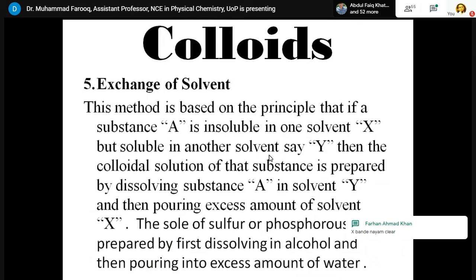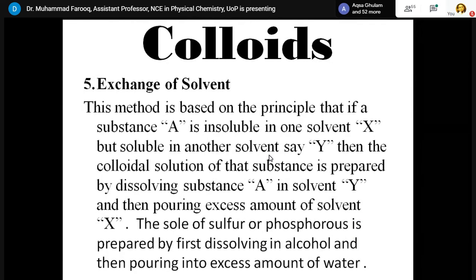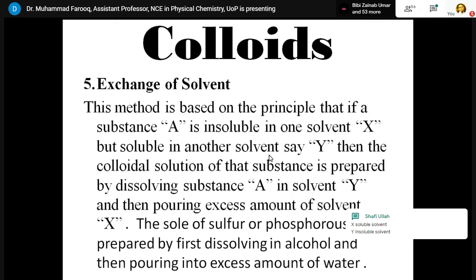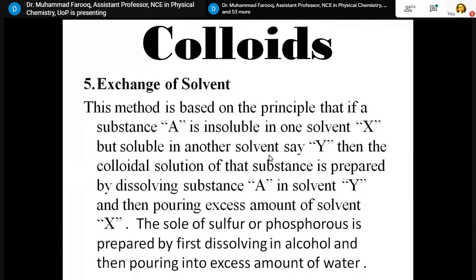This is exchange of solvent. For example, if we have a substance A which is insoluble in one solvent X, and we have two solvents X and Y, where substance A is insoluble in X and soluble in Y, what we do first is dissolve A in Y, and you will come up with a true solution.